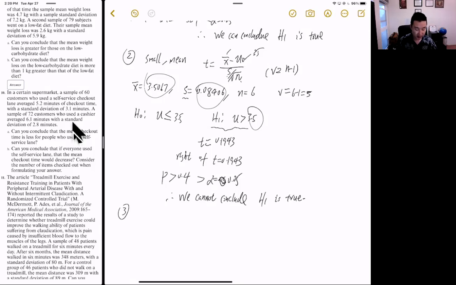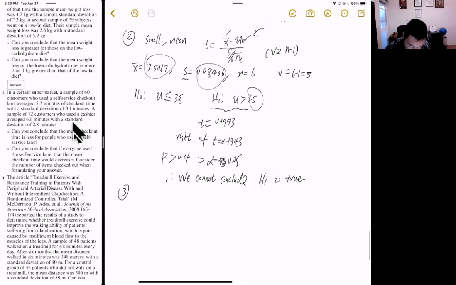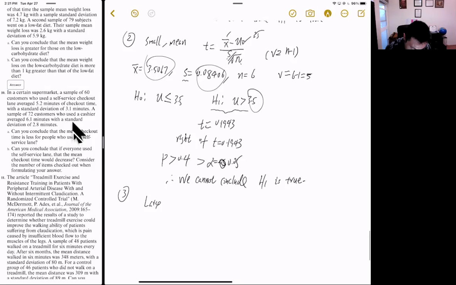So this is a test for the difference between two means. The sample sizes are 72 and 60, both larger than 30, so that's a large sample.